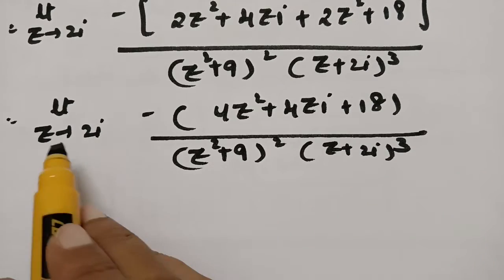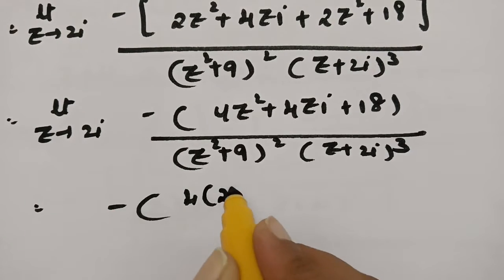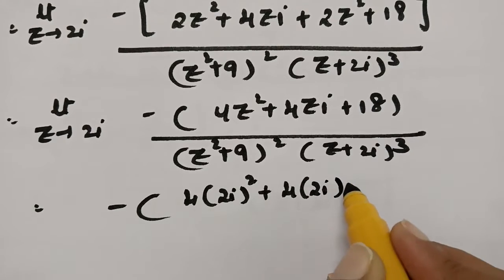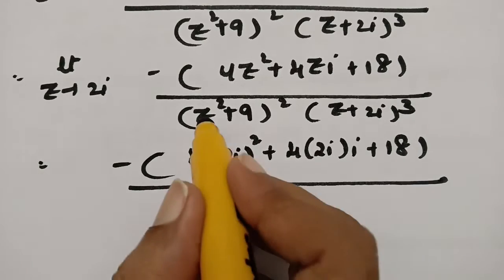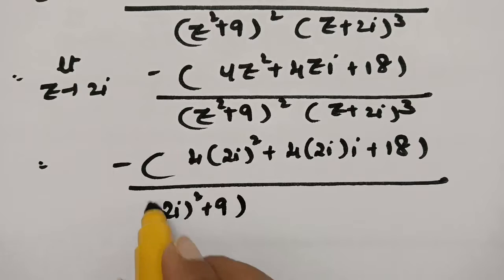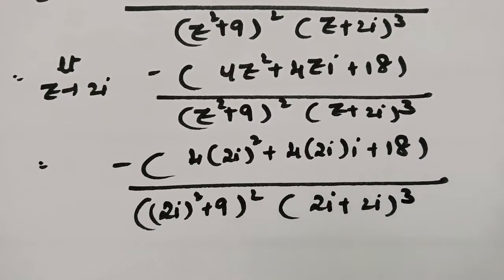And now if I substitute z equal to 2i here, this will be 4 times (2i) whole square plus 4 times 2i into i plus 18, divided by ((2i) whole square plus 9) whole square and (2i plus 2i) whole cube.